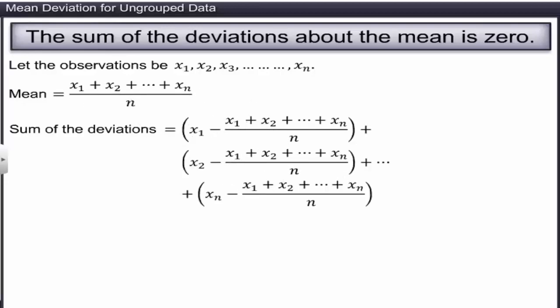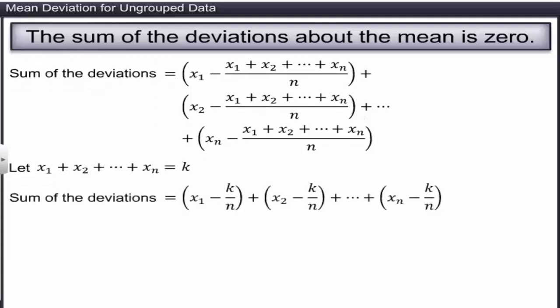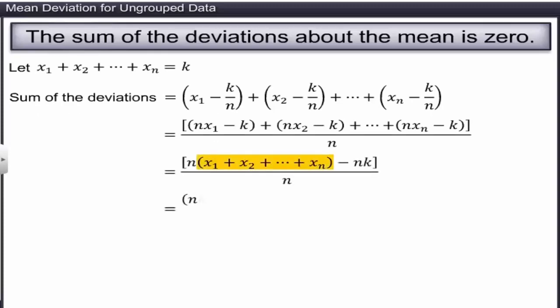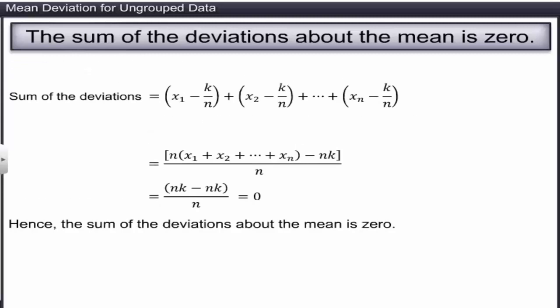Let the sum of the observations be k. Therefore, the sum of the deviations is shown here. On simplification, we get the sum of the deviations is equal to 0. Hence, the sum of the deviations about the mean is 0. This implies that the mean of the deviations is 0.